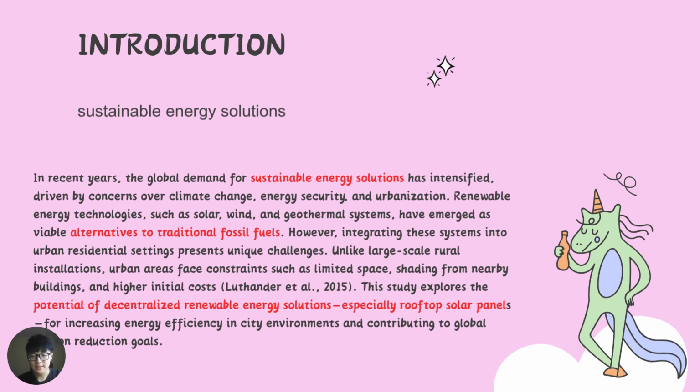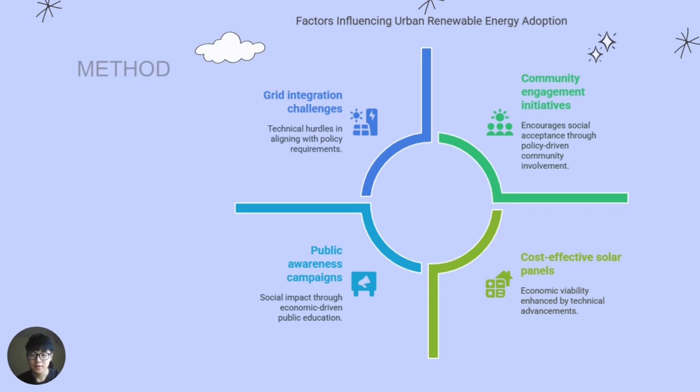Many people think it's too expensive or too difficult. According to the paper, there are many barriers in urban areas, like small rooftops, shading from tall buildings, and lack of policies. So I wanted to explore how we can use solar energy better in cities.